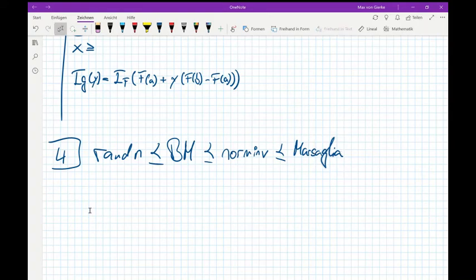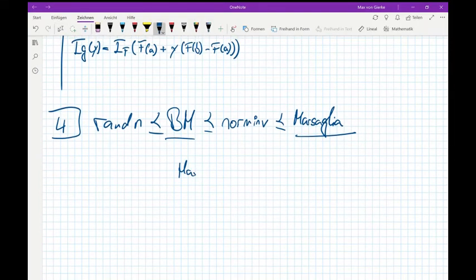If you look at literature, you often find the claim that Marsaglia is faster than Box-Muller theoretically, because for Box-Muller you have to evaluate log, cosine, and sine, and for Marsaglia you just have to evaluate log, and these trigonometric functions are time consuming.